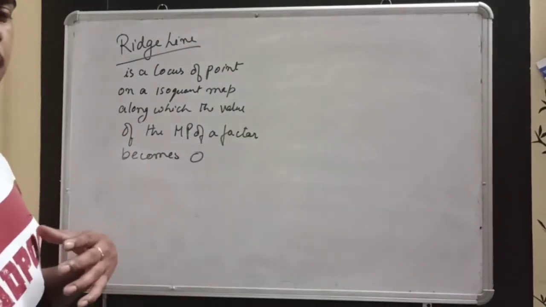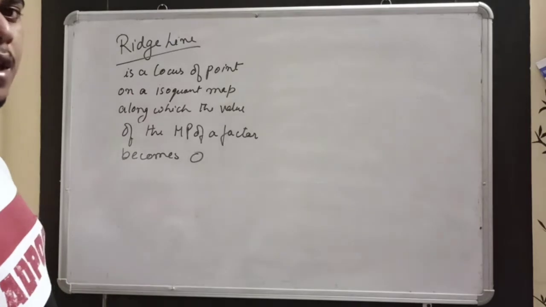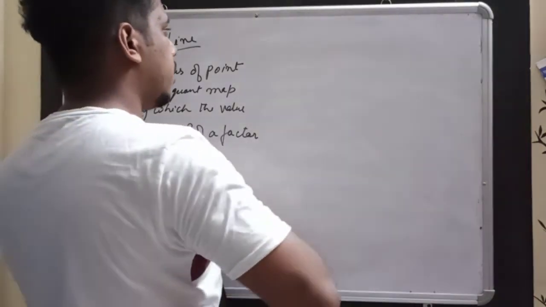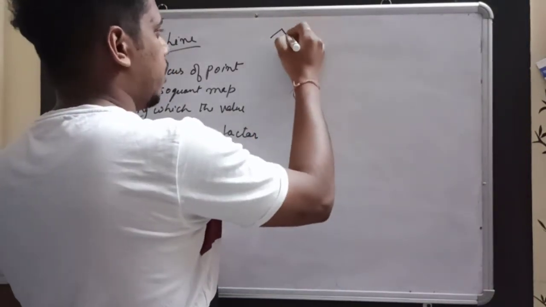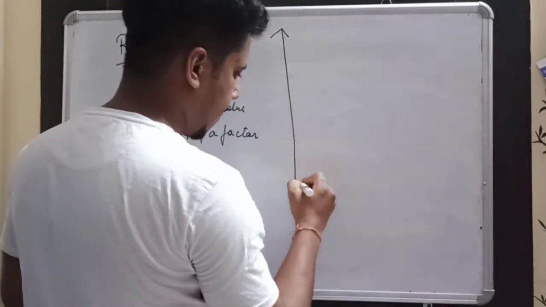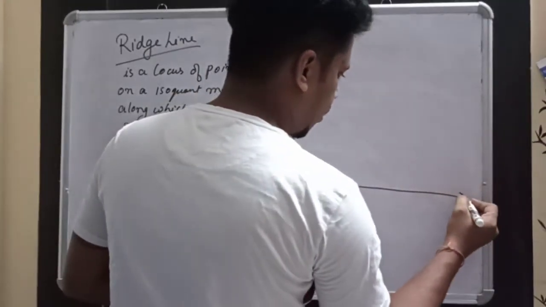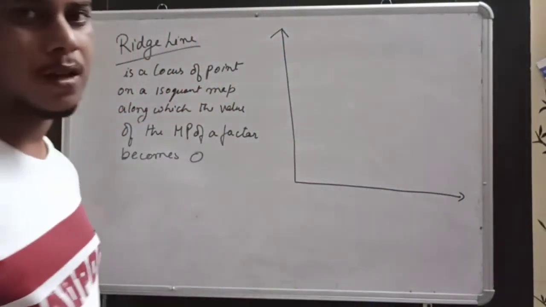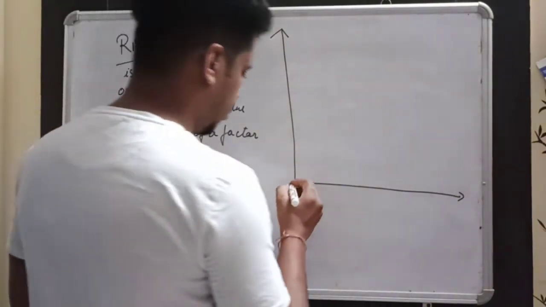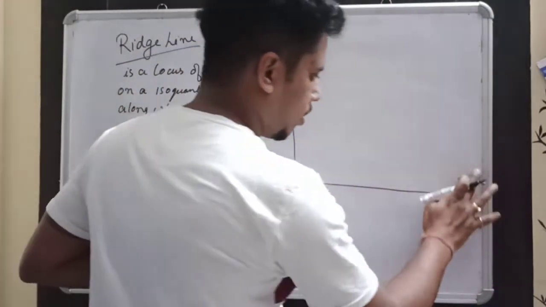Let us start understanding it gradually. I will try to make the thing very easy for you. Let us try. The diagram will look a bit clumsy and it is a very difficult diagram.